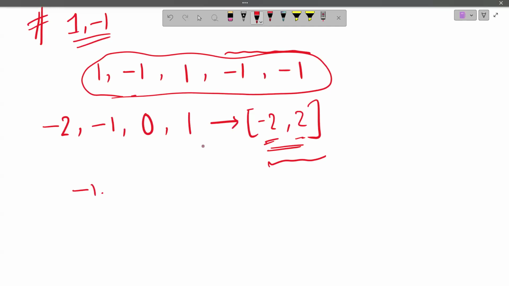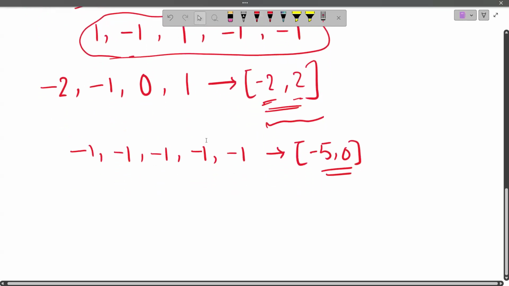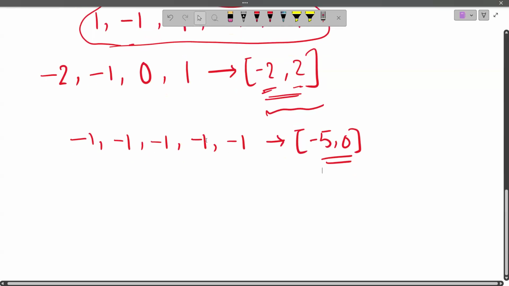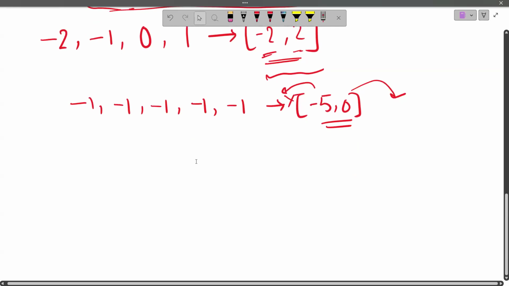Even for the array with 5 minus 1s, anything between minus 5 to 0 is possible. So this was the basic idea: there is some range of values such that all values inside that range are possible and anything outside this range is not possible.